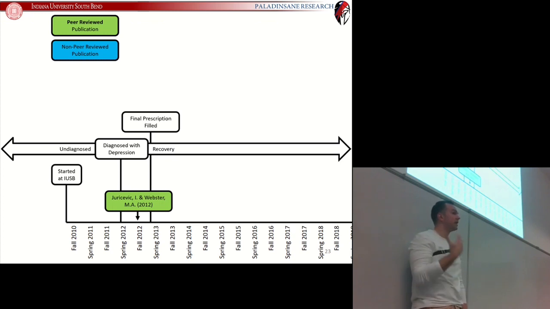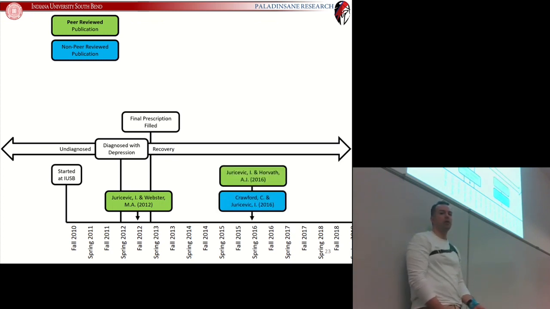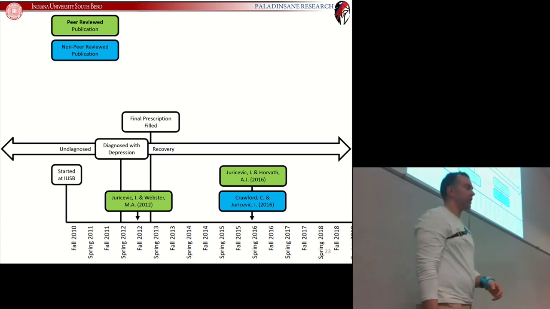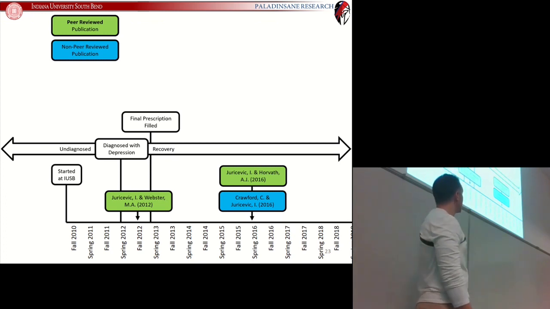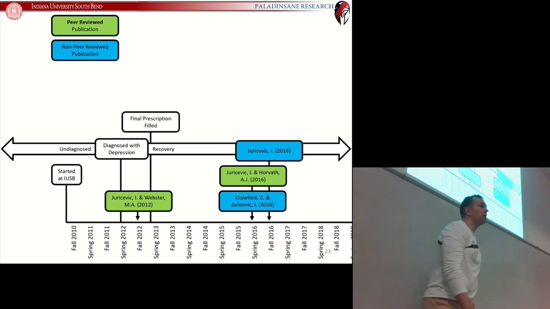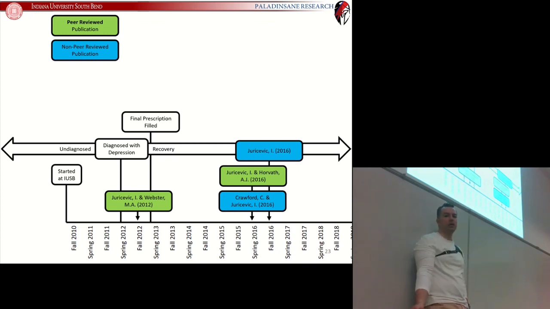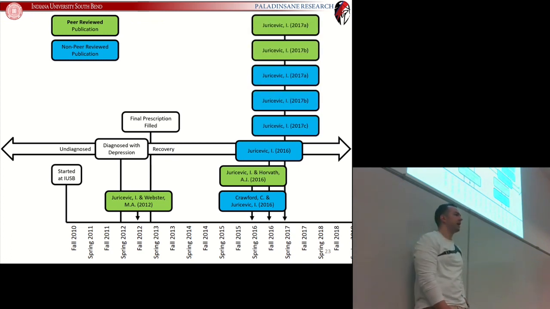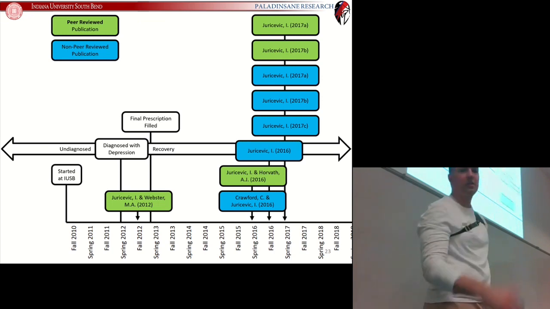But it did get better. Slowly but surely, I started to publish more. You can see there in the spring of 2016, I had 2 publications. Later in the fall, I had another publication. In 2017, the floodgates kind of opened, and I had 5 publications in spring of 2017.